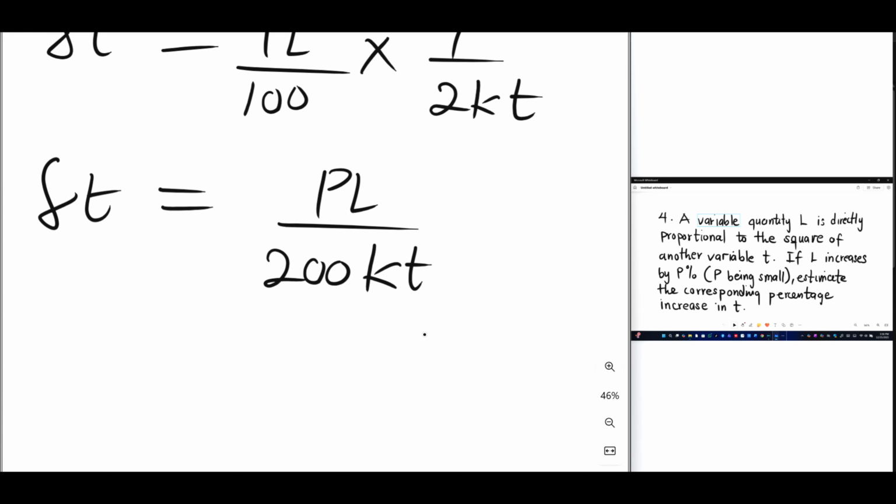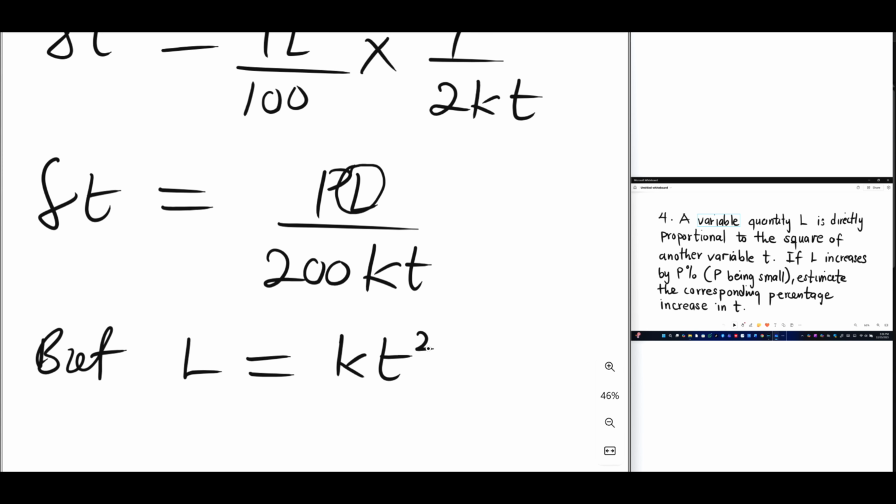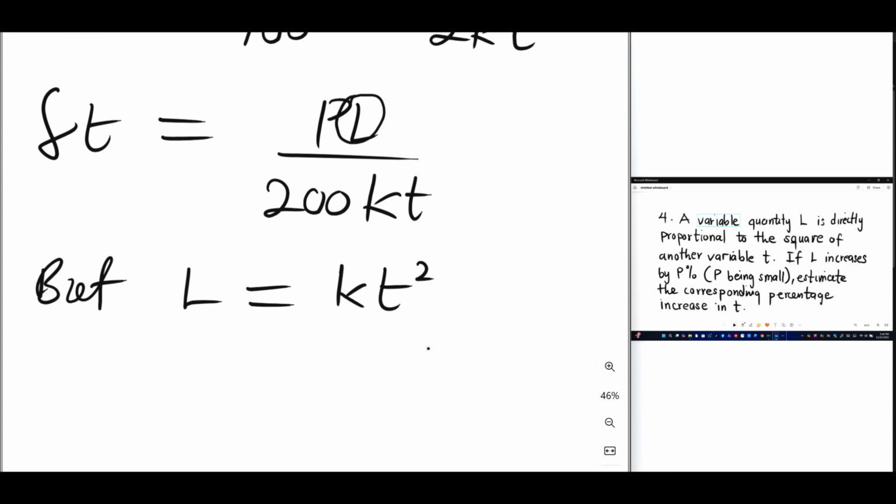All right. Now you could say the L here, but we know our L to be equal to KT squared. Okay, L is equal to KT squared. So we are going to replace this L with KT squared. All right. We need to express everything in terms of KT.